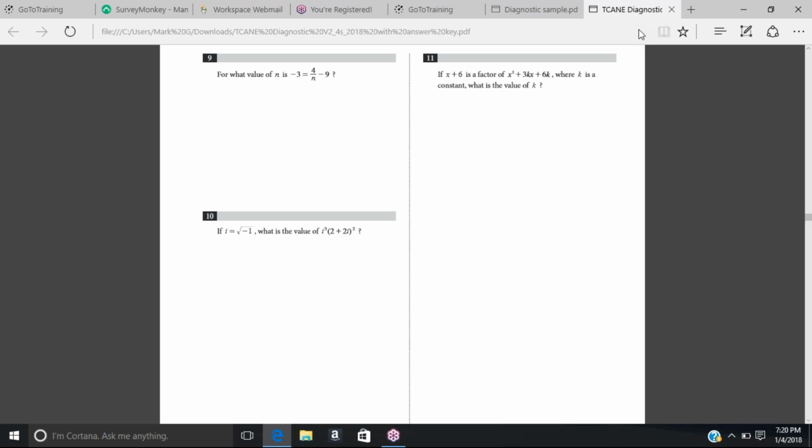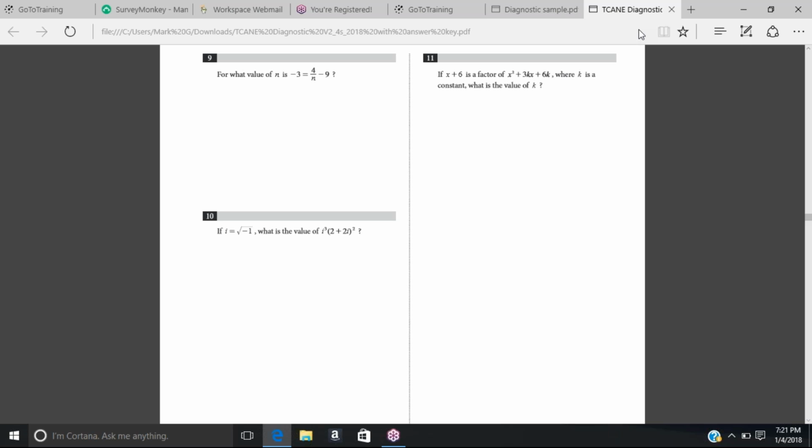Now it's an easy distribution. i cubed times 8i combines to become 8i to the fourth. Since i squared is -1, i to the fourth is +1, and thus we have the nice clean number 8. How good is that?